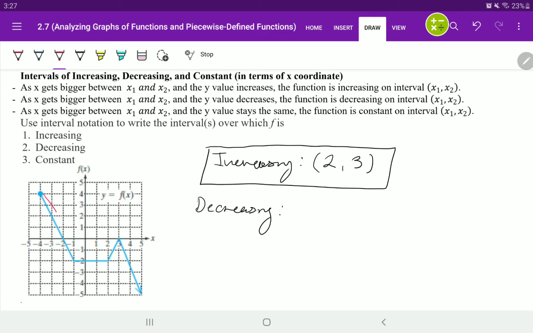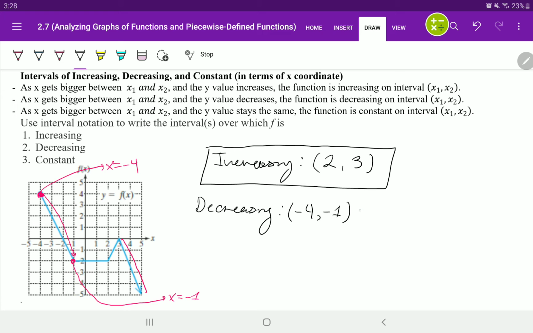Decreasing from here to here, and decreasing from here to here. So my first interval of decreasing starts at the x value of -4 to the x value of -1. So the first interval will go from -4 to -1.